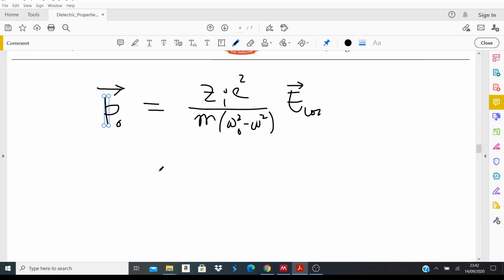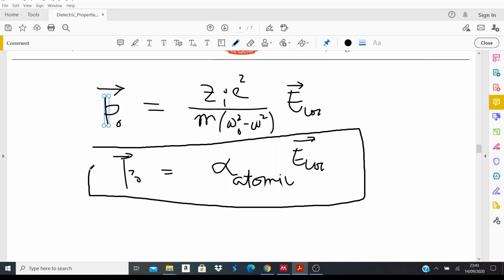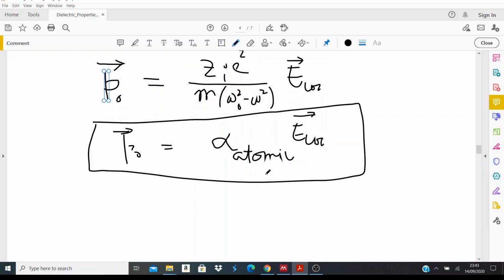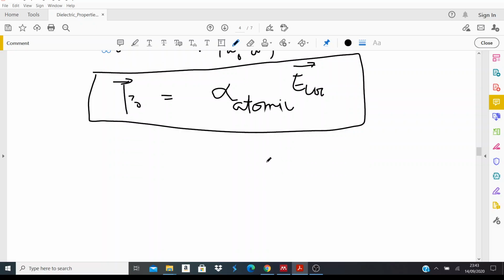Now, I have mentioned before that the dipole strength is linearly dependent on the electric field strength. So this coefficient is the polarizability, and let me denote it by alpha atomic times E local, right? That's how the atomic polarizability relates to the electric field, and we know the expression for alpha atomic. Experimentally, people can measure these quantities.